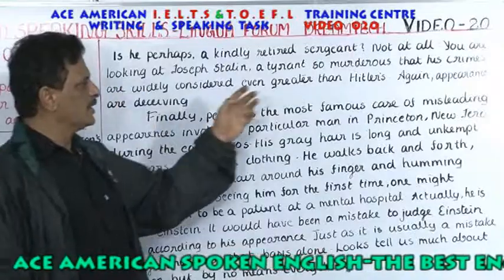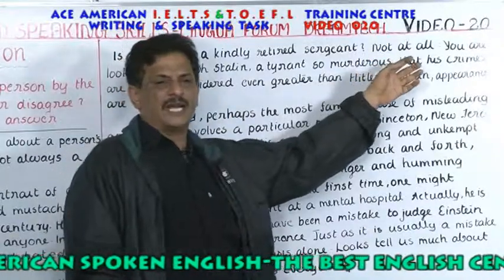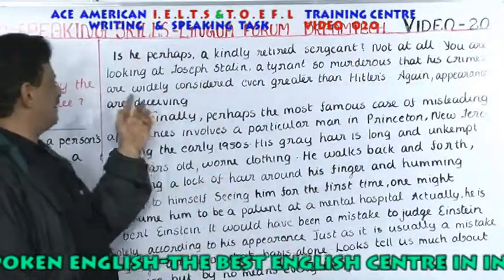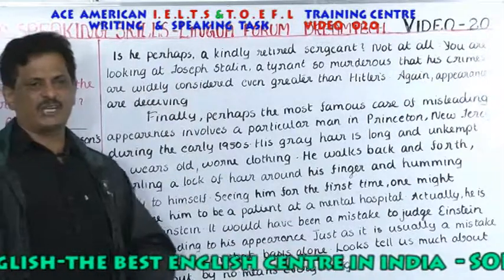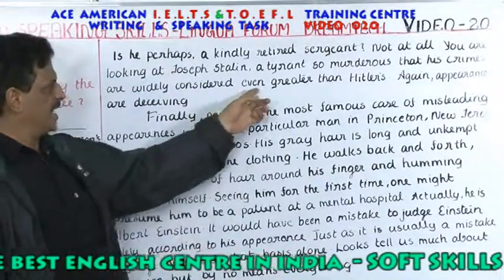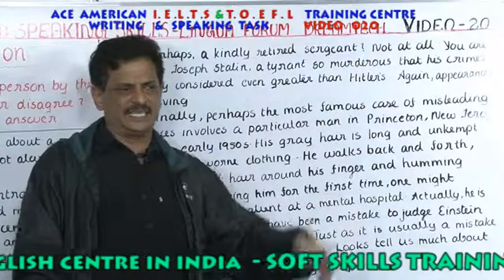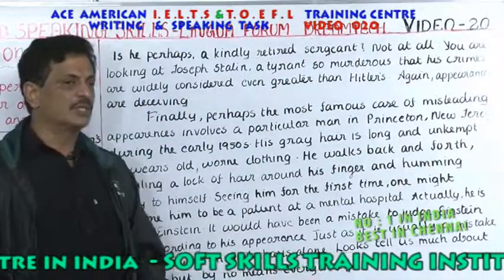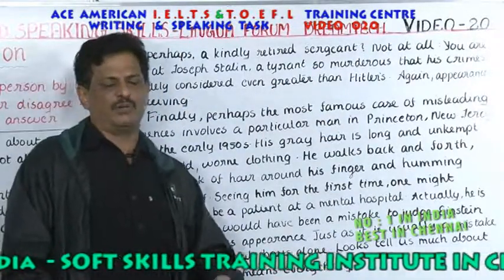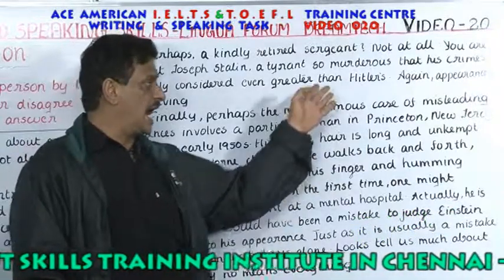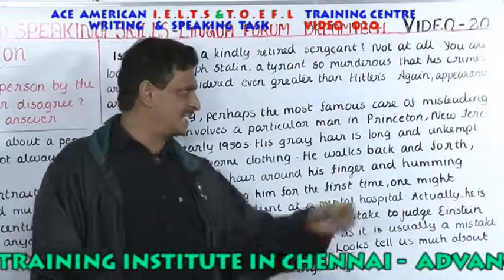So murderous, பயங்கரமான. His crimes are widely considered even greater than Hitler's. ஹிட்லர் கோடிக்கணக்கான பேர்களை கொன்றார், யூதர்களை கொன்றார், போர் மூலமாக பல அப்பாவிகளை கொன்றார். அவரை விட பயங்கரமானவர் தான் இந்த ஸ்டாலின்.